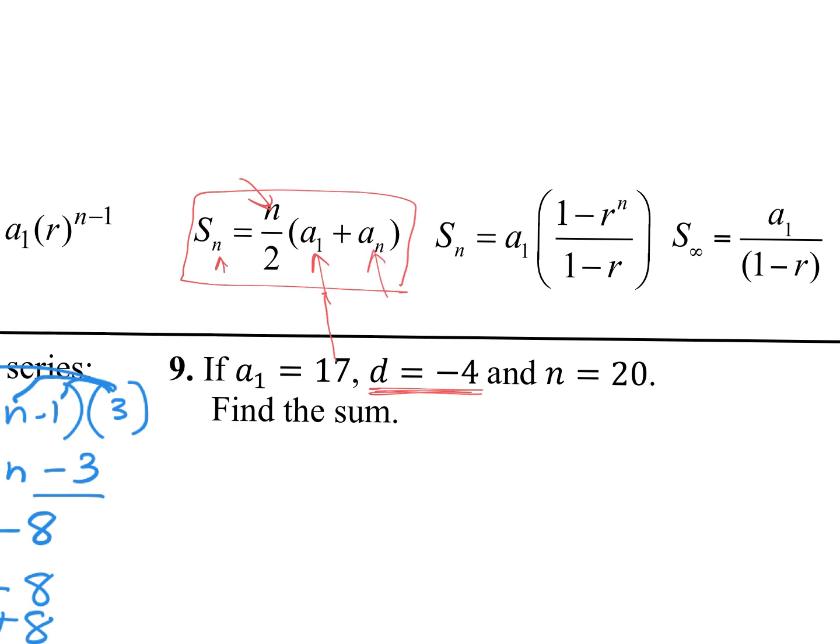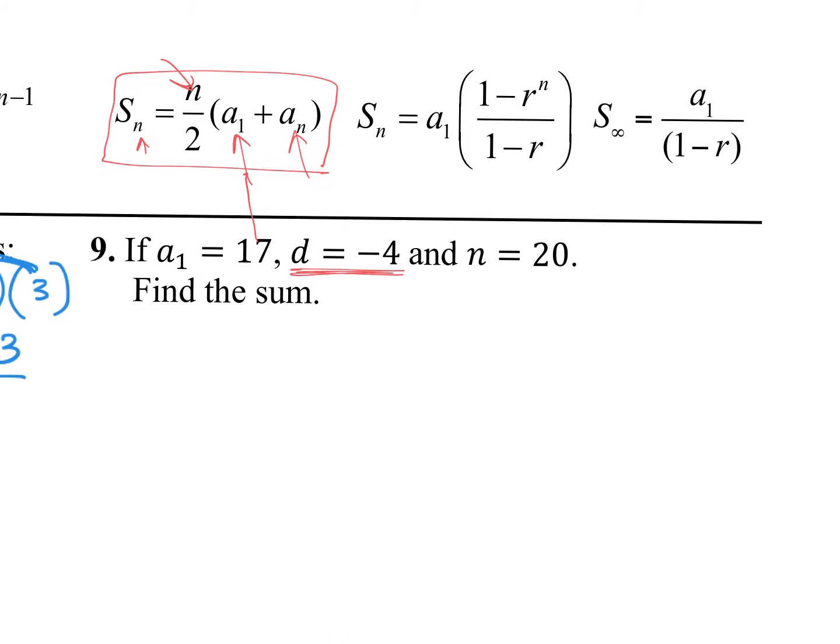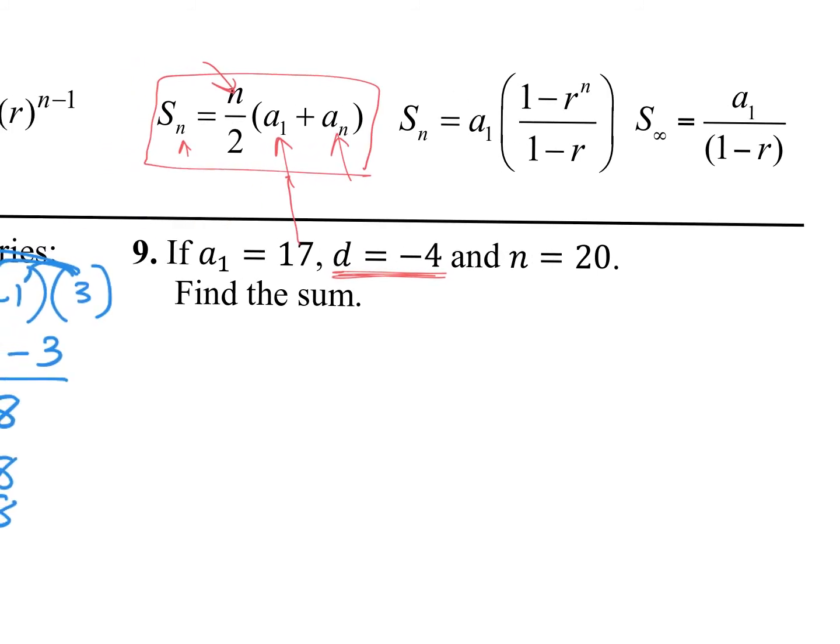So we're going to set it up as the explicit formula for an arithmetic sequence. So the way we do that is we say a sub n equals a sub 1, 17, plus n minus 1 times the common difference. Okay. Oh, and I didn't plug in our n. We know what n is. n is 20.